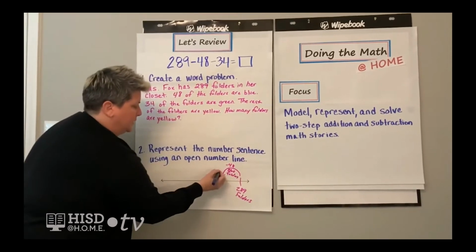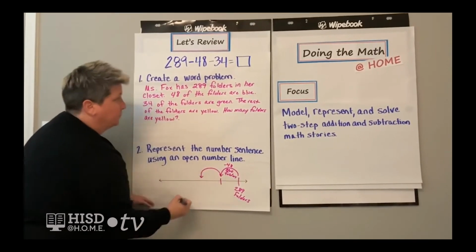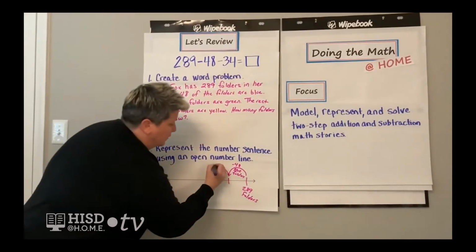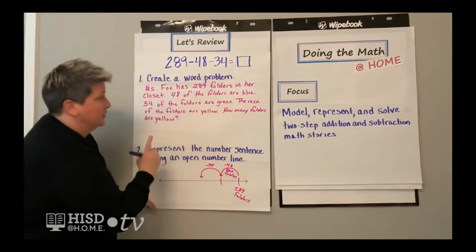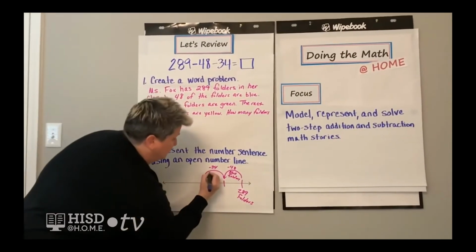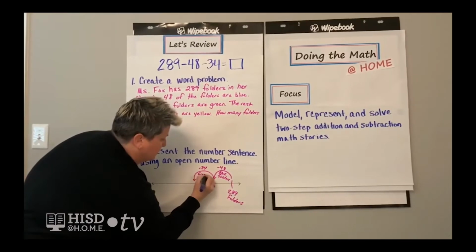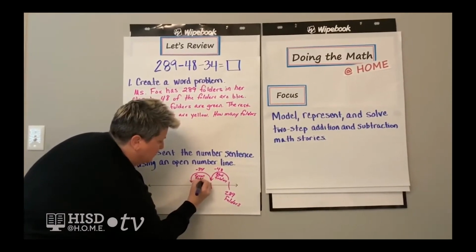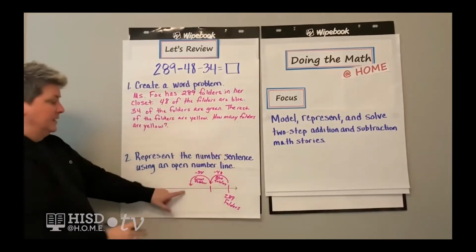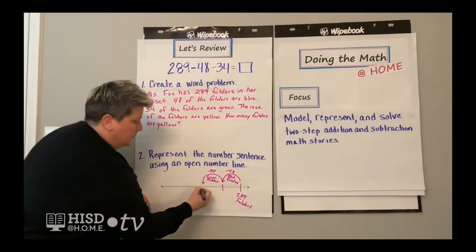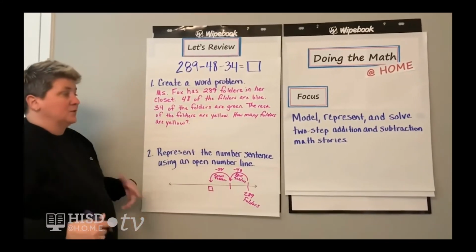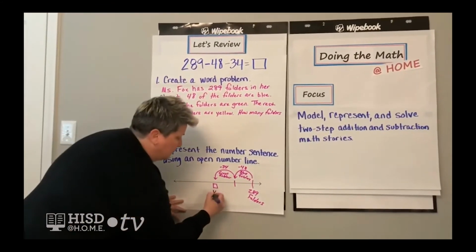And then if I make another jump back and I take away the 34 folders that are green, I can then find the difference, which is the yellow folders.